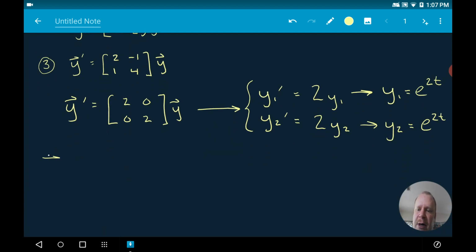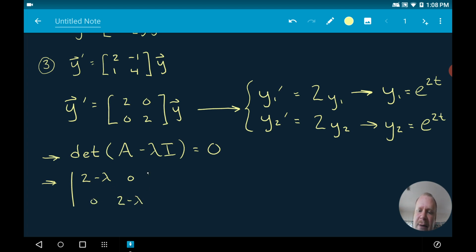So I'm going to continue in a normal fashion where I try to find my eigenvalues by looking at the determinant of my A matrix minus lambda I, and setting that equal to 0. This means that the determinant of the matrix with 2 minus lambda, 0, 0, 2 minus lambda is equal to 0.